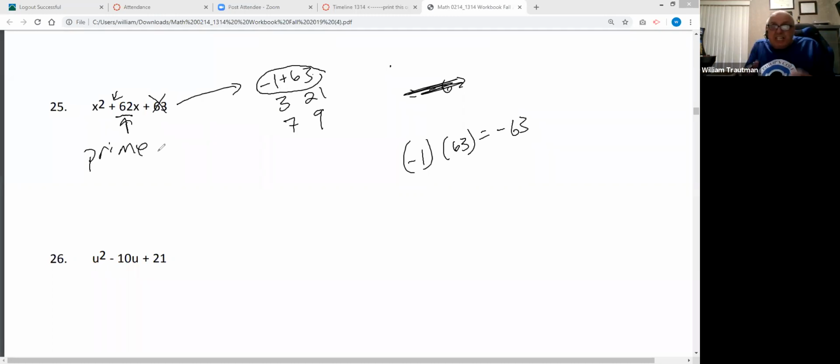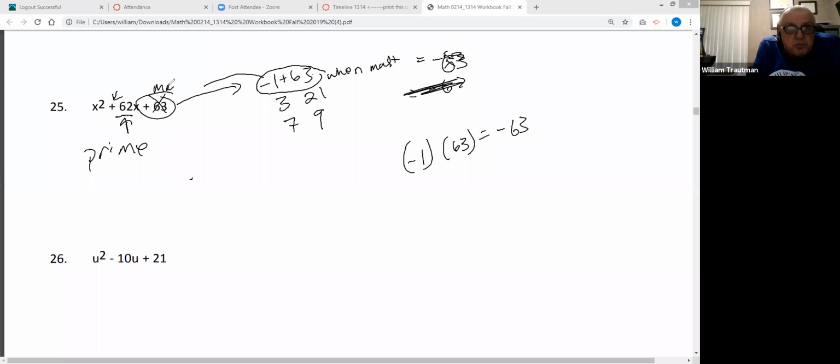It has to add to equal the middle term, and they have to multiply to equal the last term. You have to watch the signs. When you multiply this, it equals negative 63.